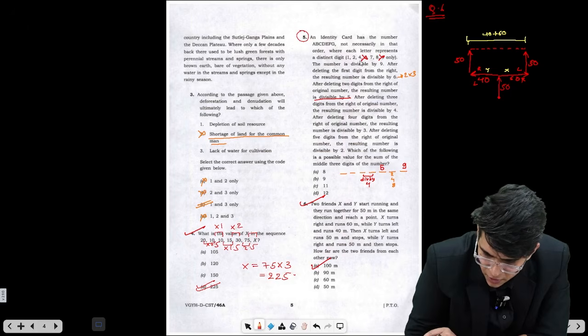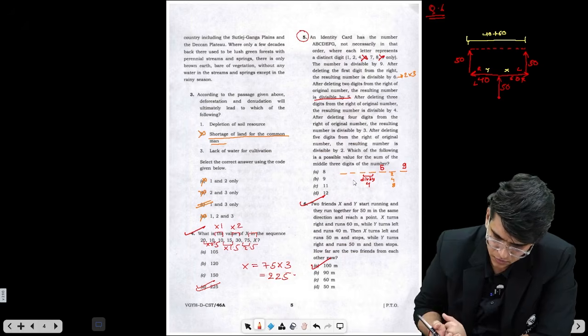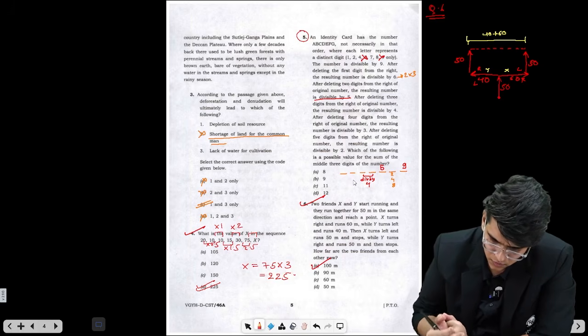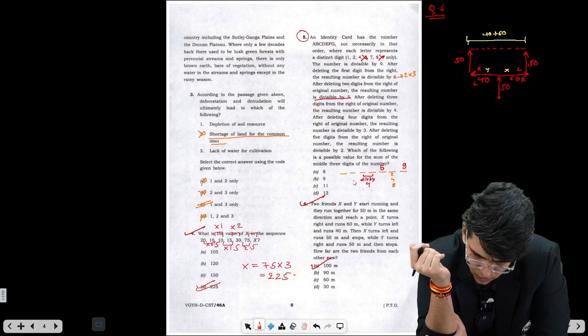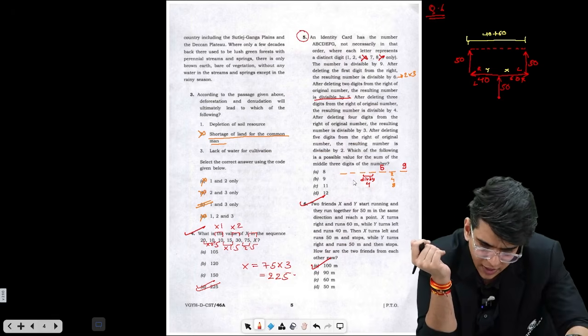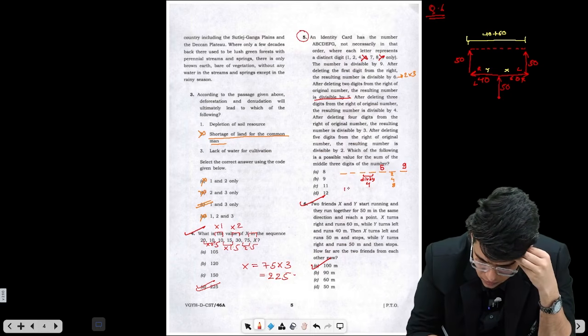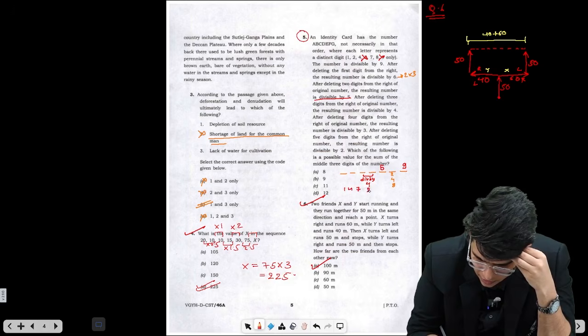So this can be 147, 741 similarly. So basically, what all can come here? 147 can come. What are the possibilities here? 147 can be one. If 7 is there, then 2 has to be here, 5 has to be here, 8 has to be here, 9 has to be here.